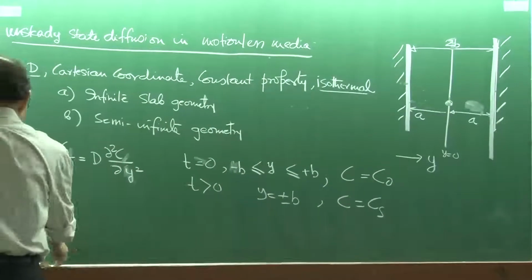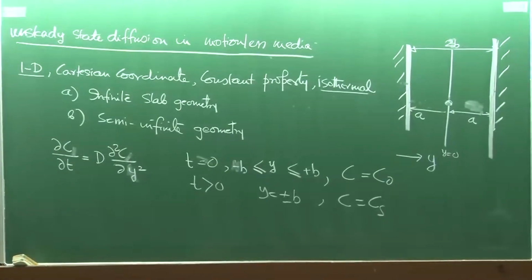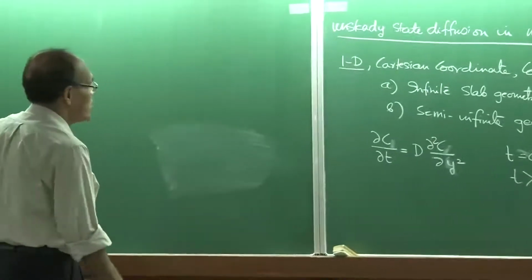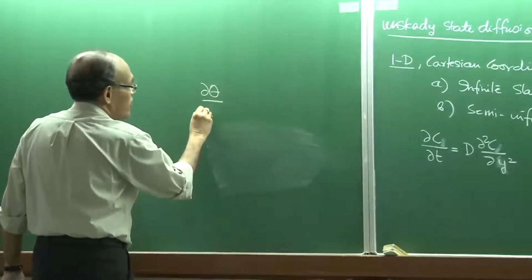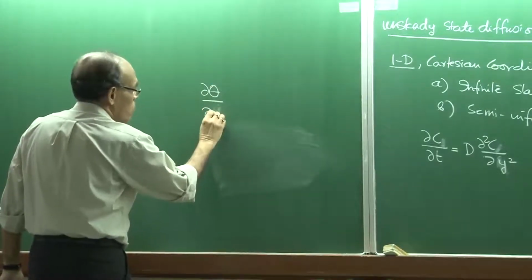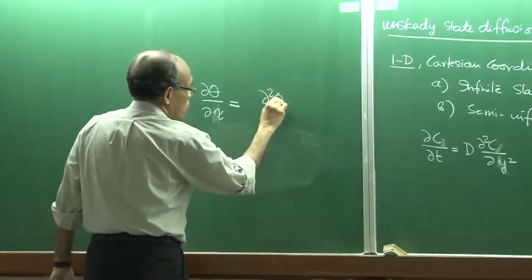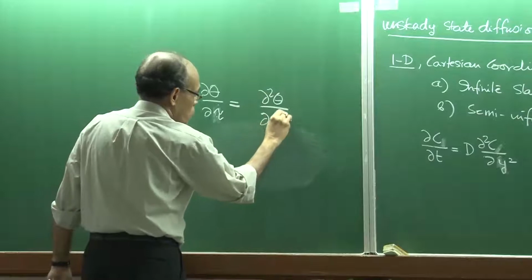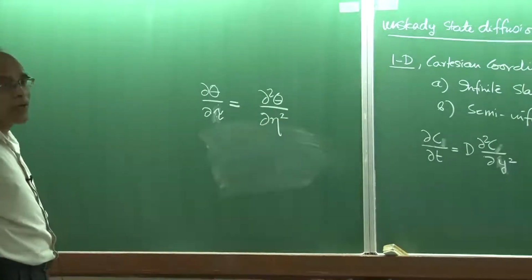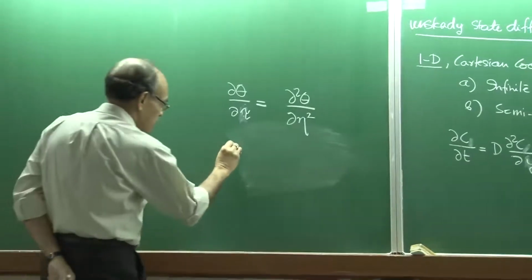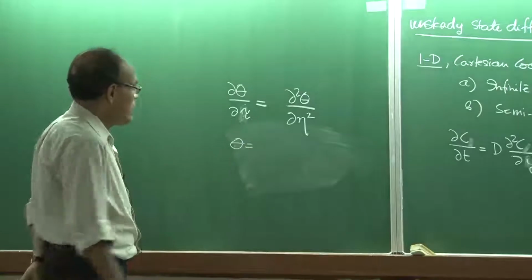And we can non-dimensionalize this equation, and that non-dimensionalization will give us an equation which we have already seen in the context of heat transfer problem. So, in this case theta can be defined in two ways.